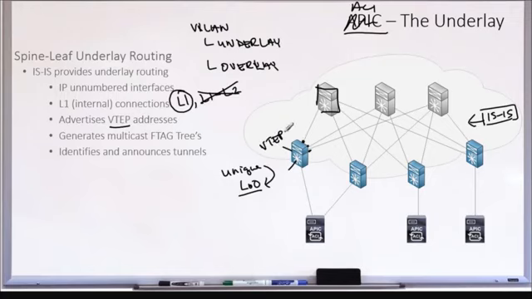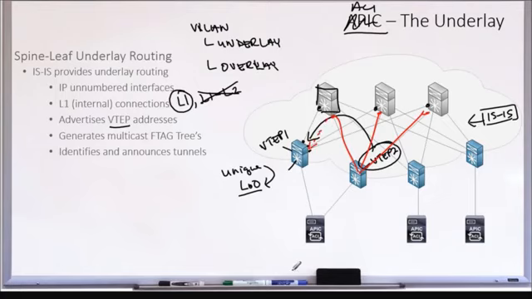So if this is VTEP 1 and this guy is VTEP 2, the underlay is going to announce that, hey, you go through me, or you go through me, or you go through me to reach VTEP 2. Likewise, this guy has the ability to go up through this guy, or this guy, or this guy if he wanted to reach VTEP 1.